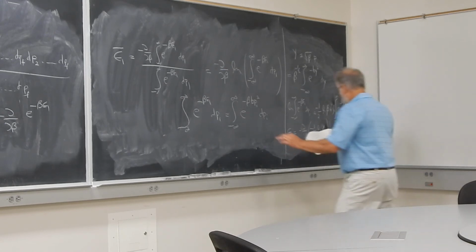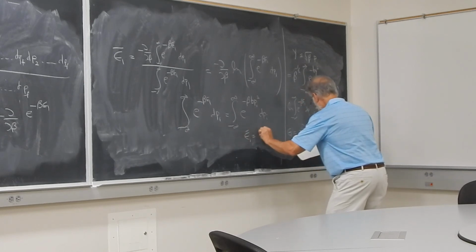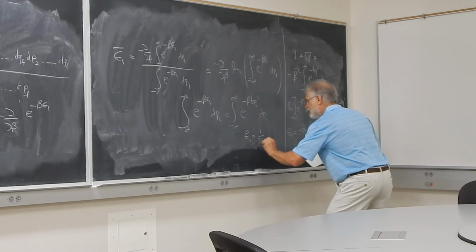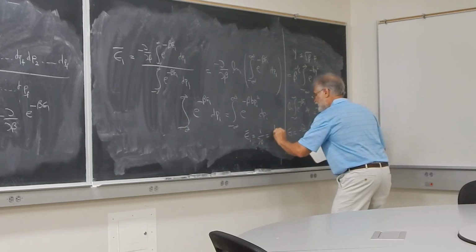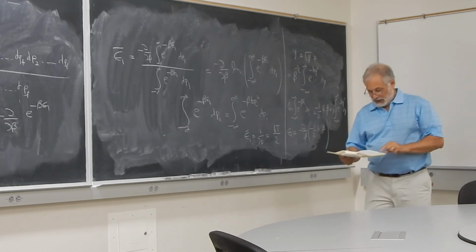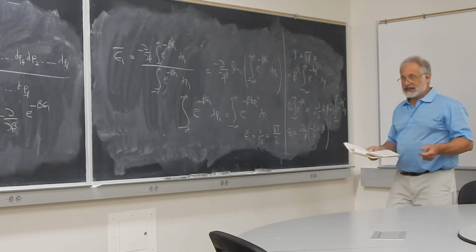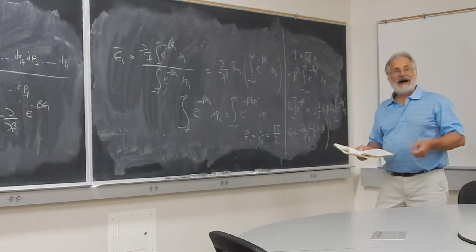If I play this through, of course, what I see is the mean energy E1 is equal to 1 over 2 beta, which I can write as kT over 2. Looks familiar. Mean energy, classical system.